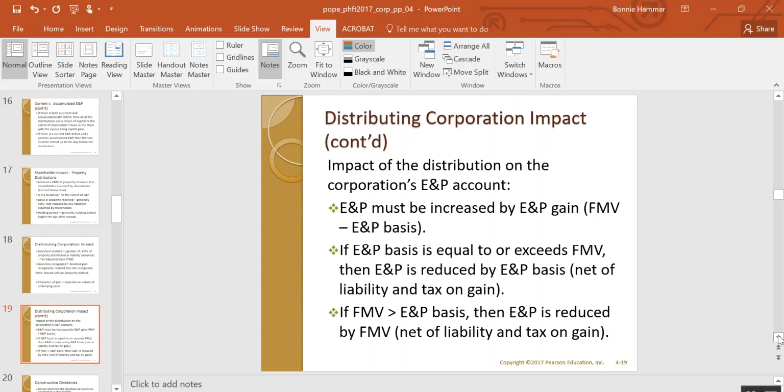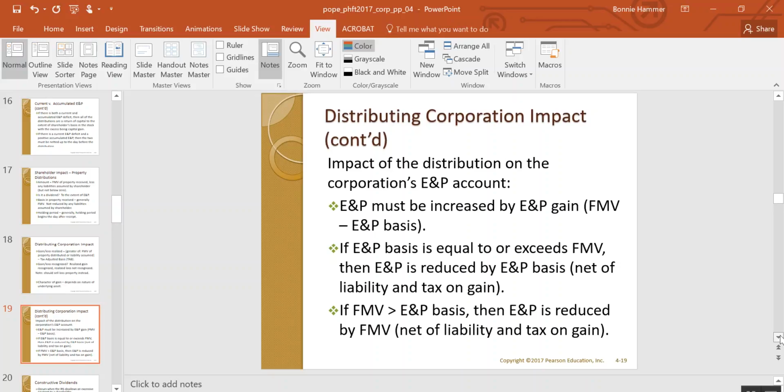And then if the E&P basis is equal to or exceeds the fair market value of the distributed property, then E&P is reduced by the E&P basis, net of any liability and tax on the gain. And then if the fair market value is greater than the E&P basis, then E&P is reduced by the fair market value, net of liability and tax on the gain.